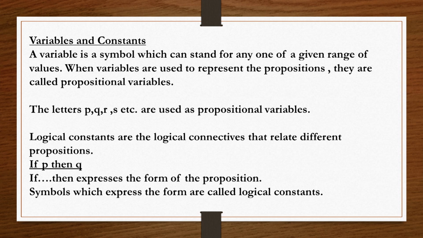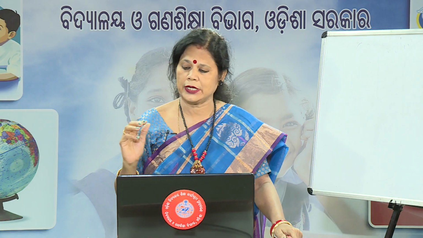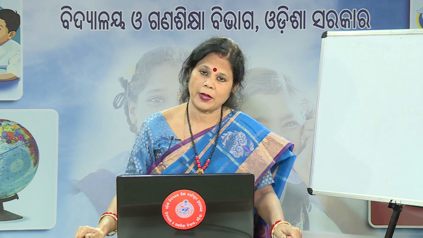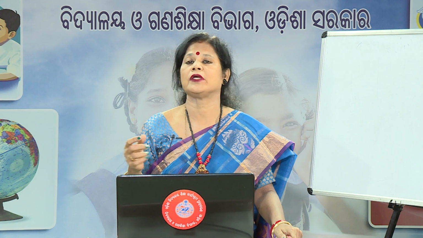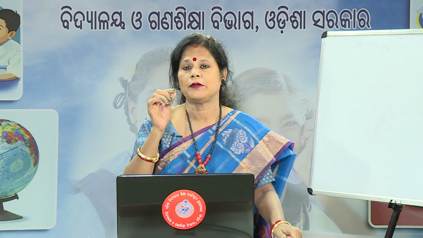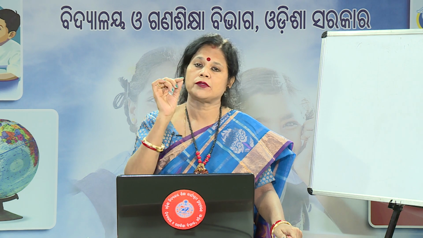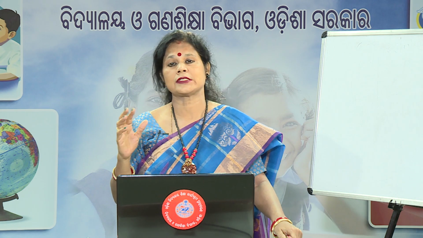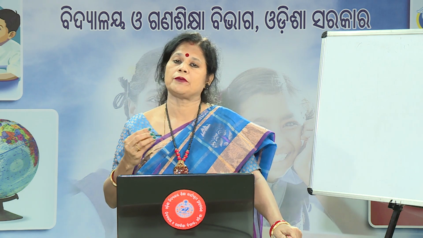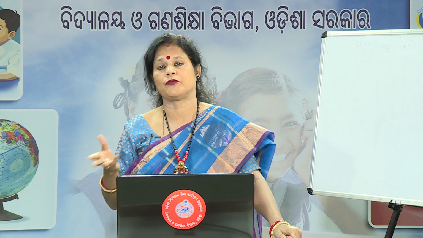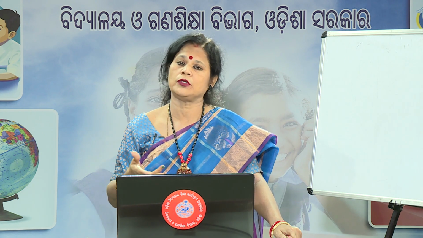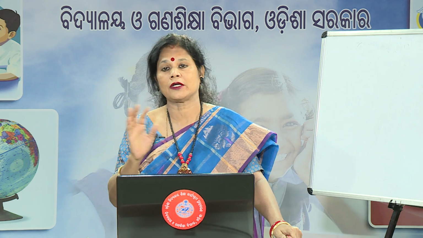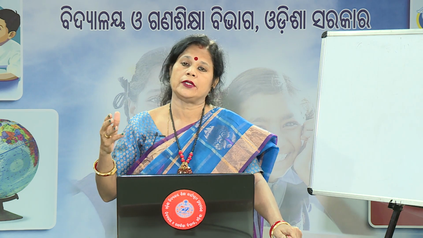When you do mathematics, you use some variables x, y, z. Sometimes for x you write 2, sometimes for x you write 3, sometimes for x you write 5. So x can take any value, x can be used for 2, for 3, for 4, for 5. Similarly, y and z are also used like this. So x, y, z do not have any fixed meaning. They vary from time to time.